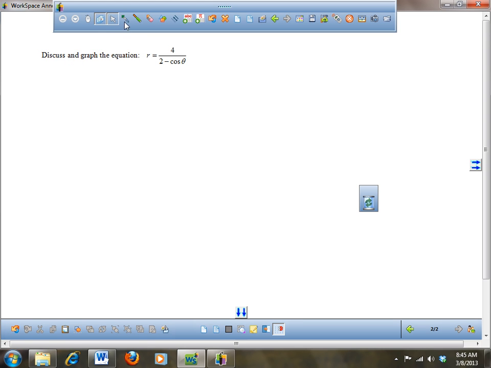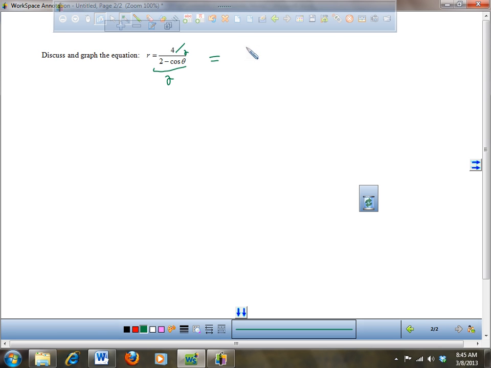So in this case, the first step that I'm going to do is I'm going to divide everything by 2. Divide this by 2 and divide that by 2. And the reason I'm doing that is because then I have a new equation that looks like r equals 2 over 1 minus. You have to divide r by 2?